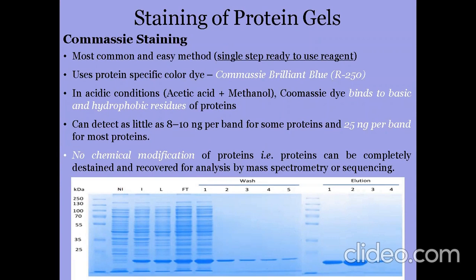So this statement says that Coomassie stain will not induce any chemical modification of the protein, and proteins can be completely de-stained after visualization and recovered for analysis by mass spectroscopy. So if we want to go for MS, or for sequencing, Coomassie brilliant blue can be relied upon. Am I clear? Yes, sir.